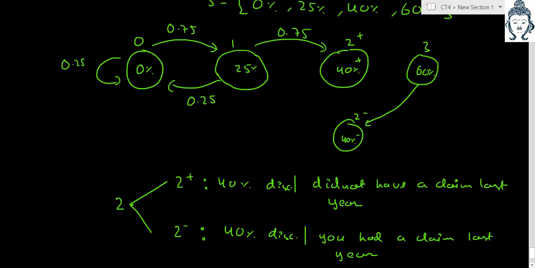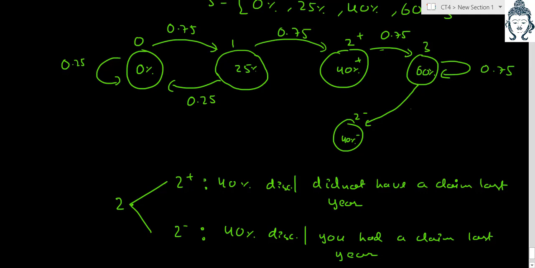If I was at 40% plus level and I did not have a claim, only then will I move to 60%. This is only possible when I did not have a claim here. And if I'm at 60% level, I'll move to this level only if I did not have a claim last year.